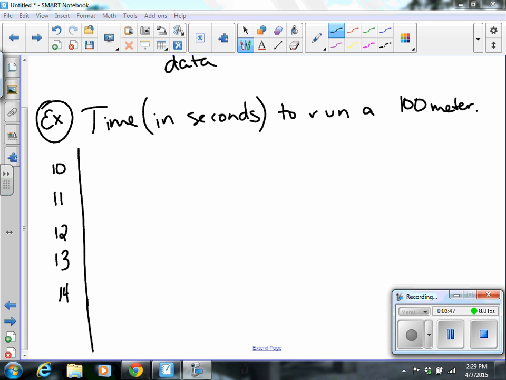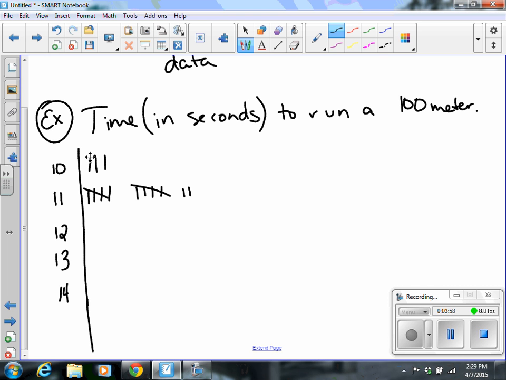So for instance, let's say that I had 3 people run it in 10 seconds, 12 people run it in 11, 8 people at 12, 1 person at 13, 1 person at 14, and then I had 1 person run it at 23.